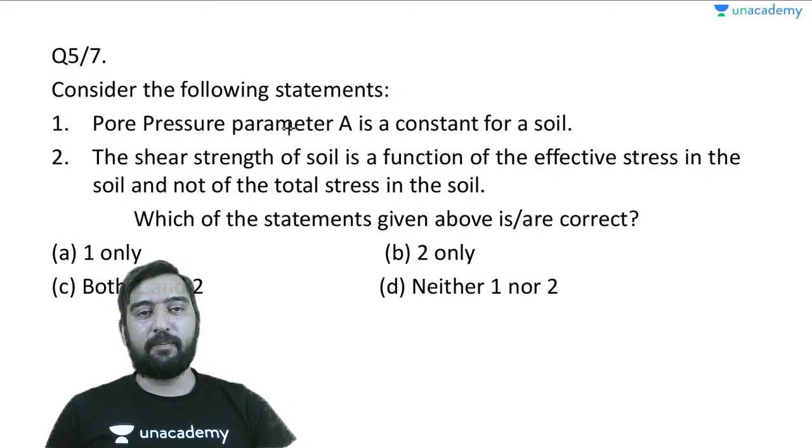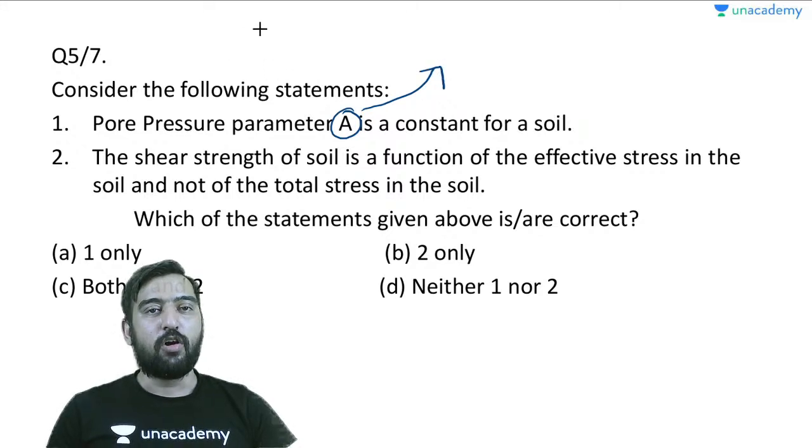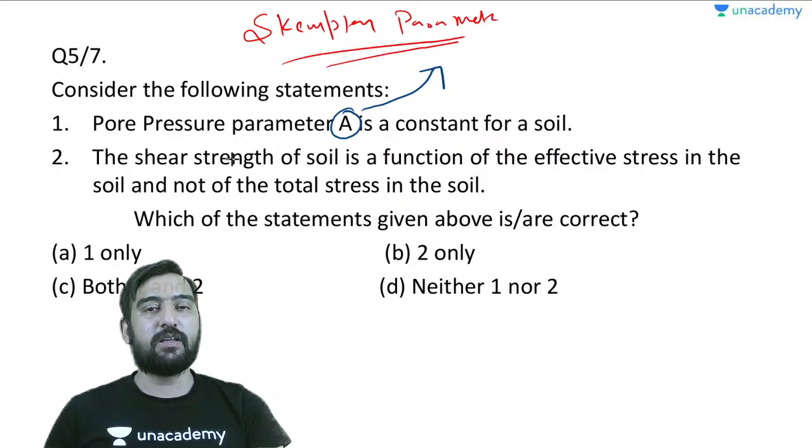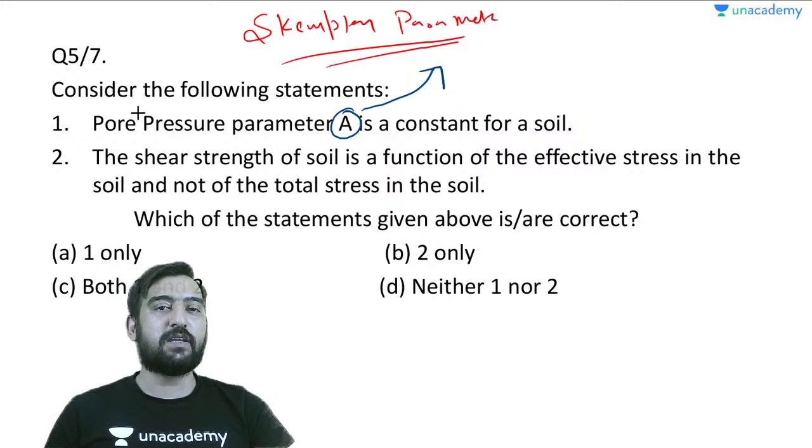You know the pore pressure parameter A. Yesterday only I took a class on this pore pressure parameter, also known as the Skempton parameter. In stage number 2, it gives you the ratio of change in pore water pressure due to the change in deviatoric stress. It is not constant.